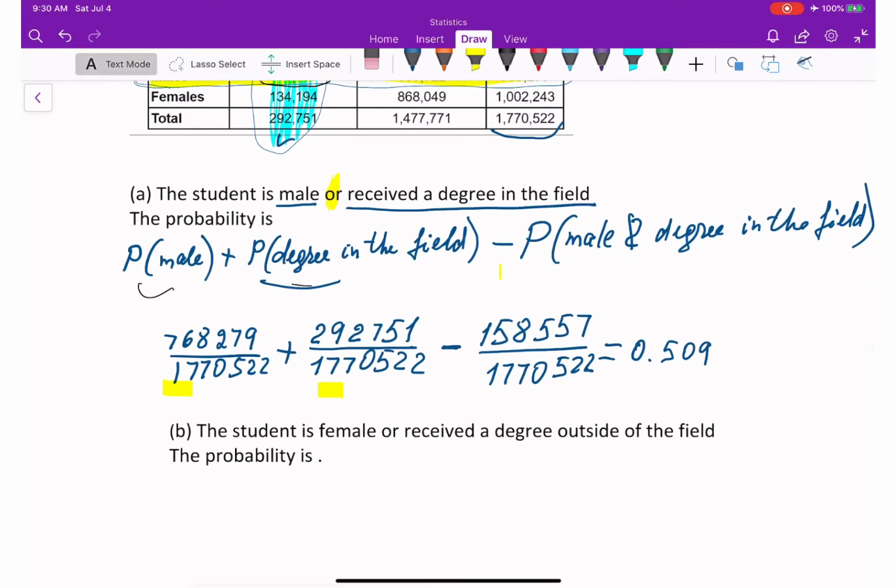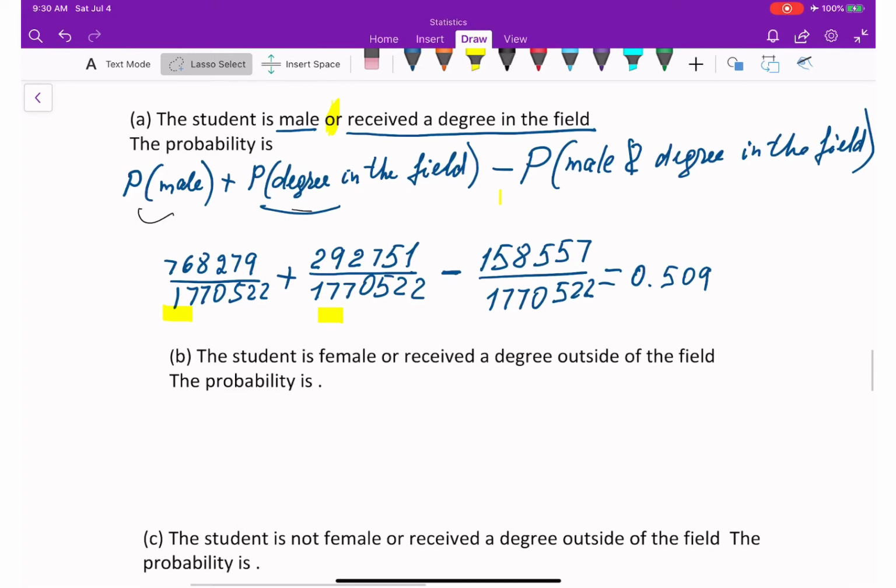Why is it not pulling? Doesn't want to pull down. That's fine. We can survive. So next one, B. The student is female or received degree outside of field, which is going to be the same thing here, right?